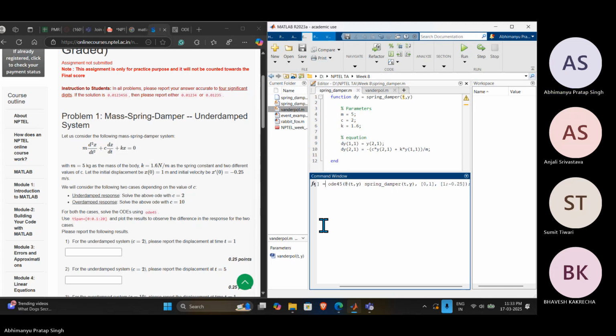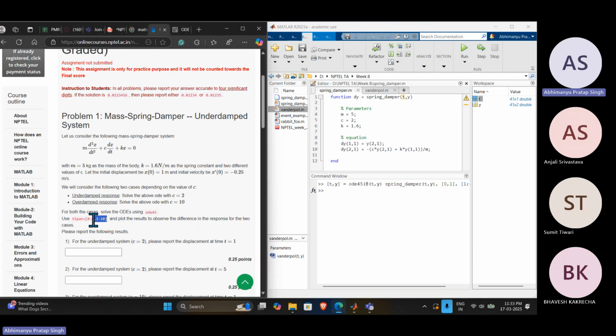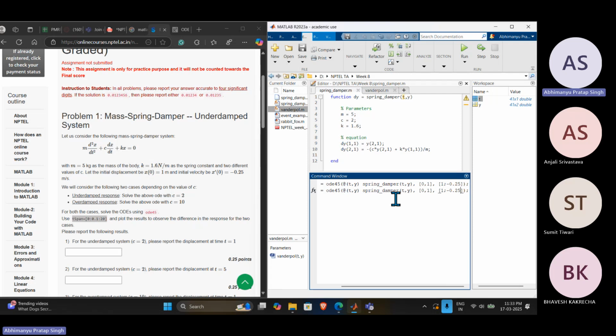Okay, so they have also given us a T span. So we will just use that T span, 0.1 to 20 seconds.